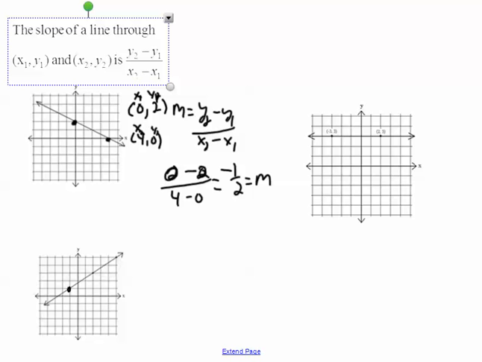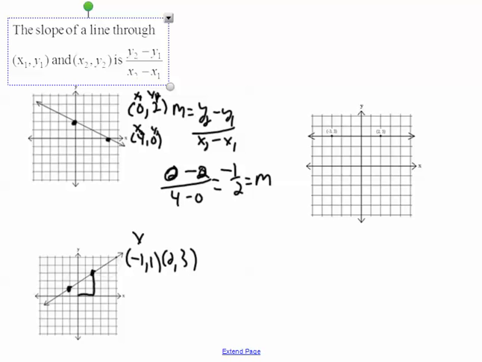I'm going to pick this point right here. That looks like negative 1 comma 1. And I'm going to pick this point right here, and that looks like 2 comma 3.